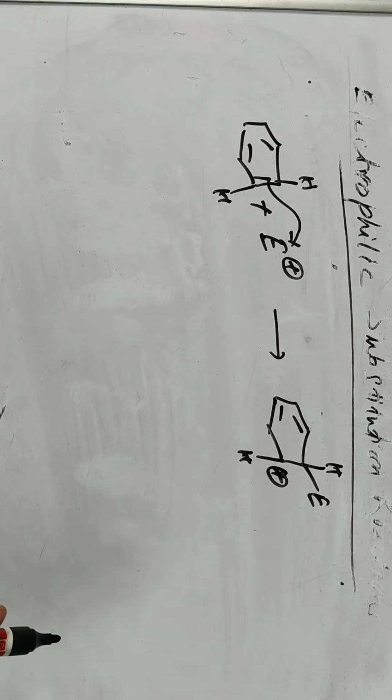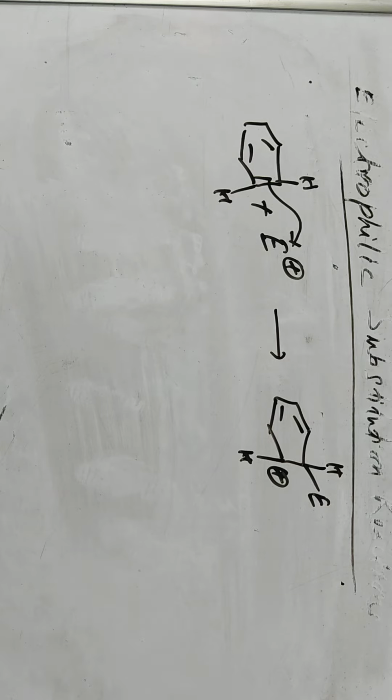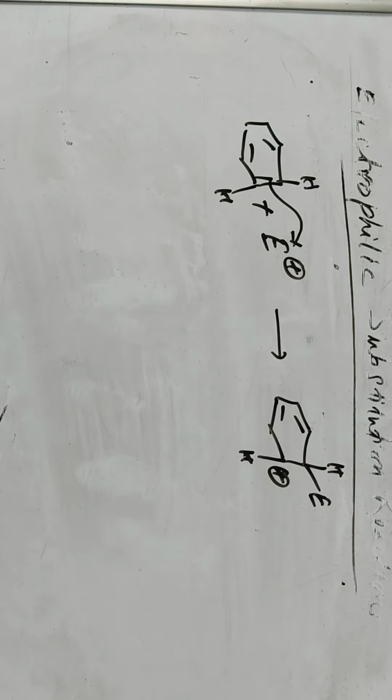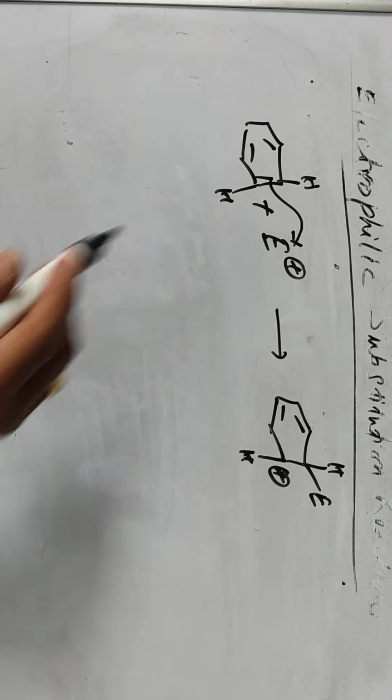Benzene has 6 pi electrons delocalized above and below the plane of the ring, so it acts as a nucleophile. Any nucleophile cannot attack the benzene ring because benzene is already rich with electrons, so it undergoes electrophilic substitution reaction. The electrophile can attack the benzene ring.